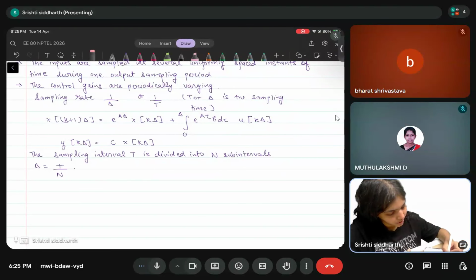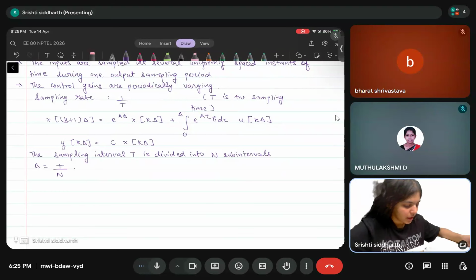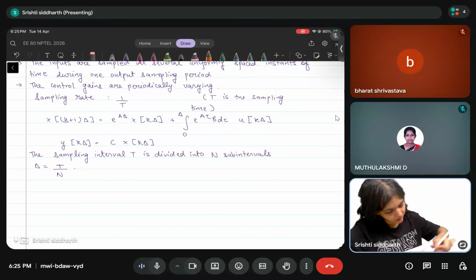So I'm going to erase this. This is 1 over T. T is the sampling time. And at some delta T over n, we have these discrete equations.